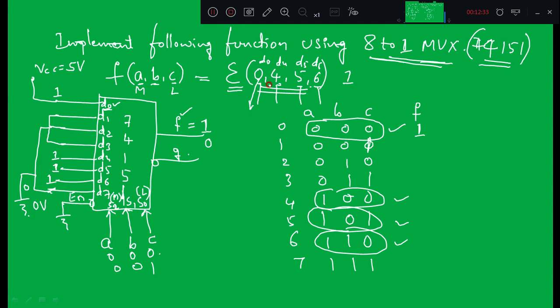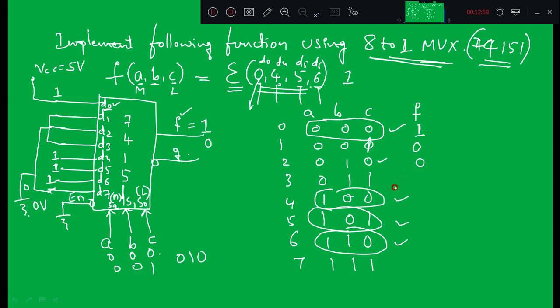No. So for 1, 2, 3 and 7, I should get F equal to 0, correct? Are you understanding? Yes. Next, 0, 1, 0. It will select D2 and D2 is also connected to ground, so F will be equal to 0. Do we have 2 in the given function? No, so output should be 0.